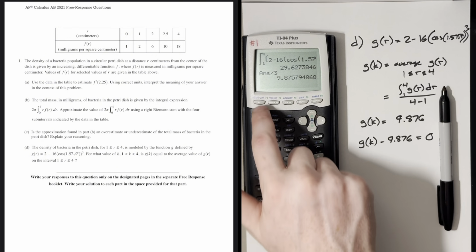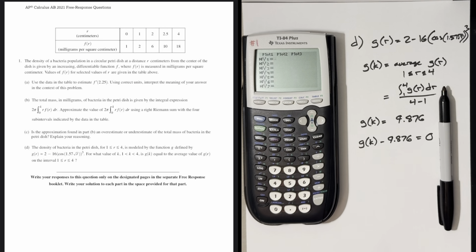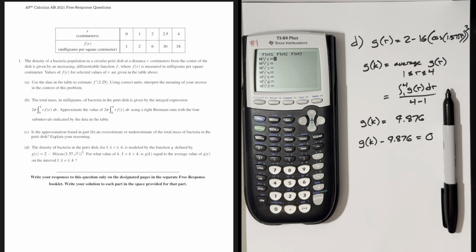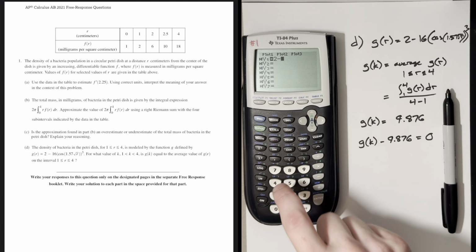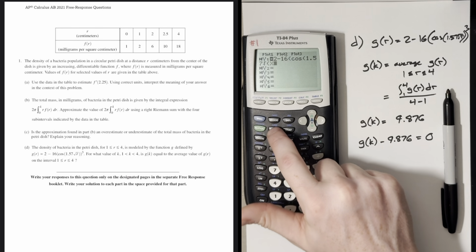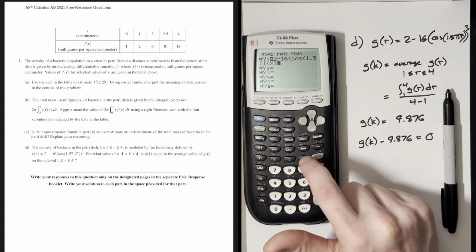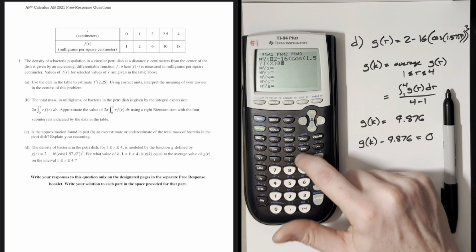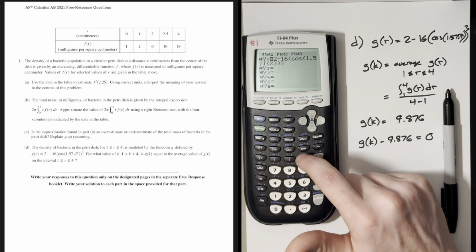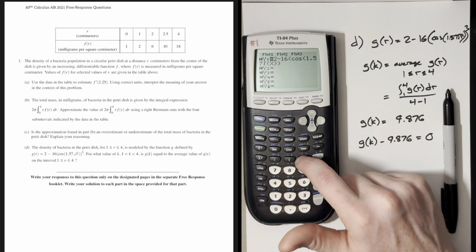So let's go to y equals. Let's type in this function, g of k minus 9.876. So I'll do 2 minus, you gotta type this whole monstrosity in there again, cosine of 1.57 root x. Gotta put parentheses, another parenthesis. Do we need another one? No. Yes, we do.